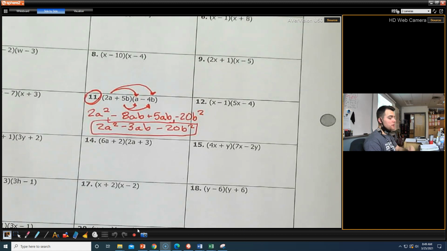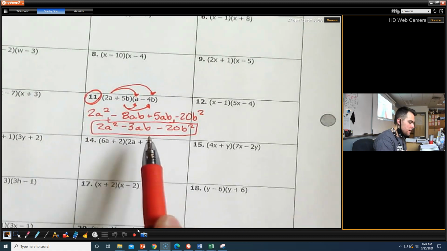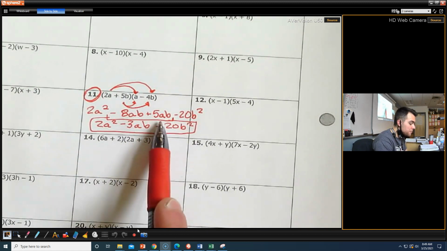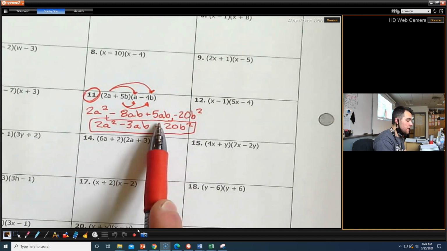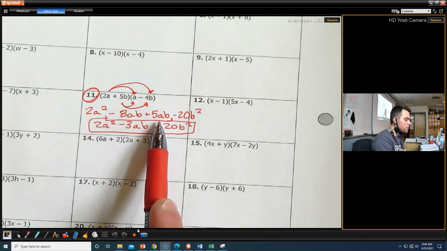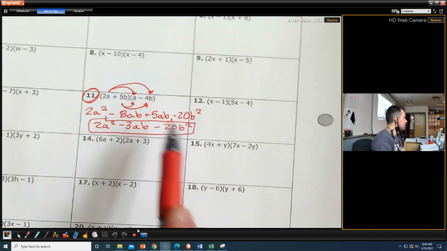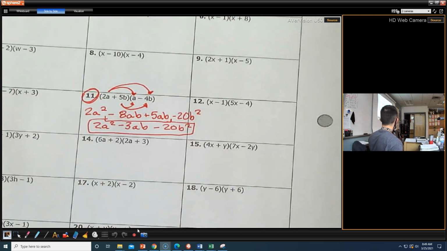Now, Trinity, you were not wrong when you said that's going to be a positive 5ba. If I wrote it like ba, I feel like you would have missed the fact that those would have been like terms. But with multiplication, it doesn't matter if you're doing 3 times 2 or 2 times 3.